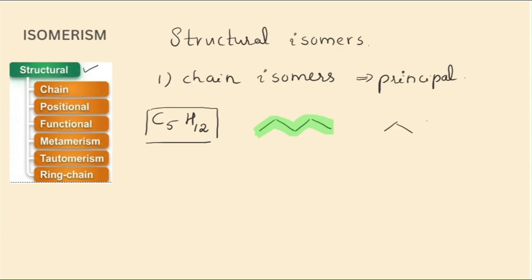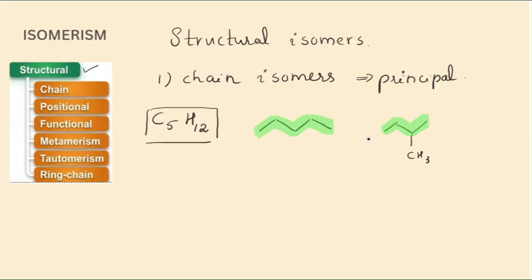It looks like this, right? They have the same molecular formula, but the bond connectivity from here to here is different. That's why we call them structural isomers. Why are they called chain isomers? Because here in the longest chain we have 5 carbons, and what about here? We have 4 carbons in the longest chain.